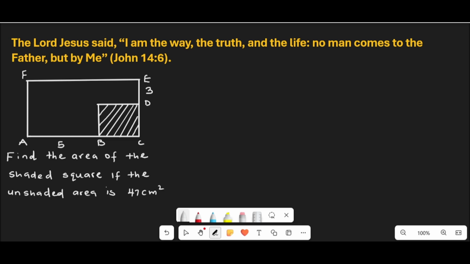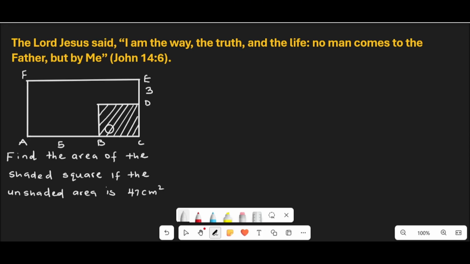Hi everyone, in this video we want to find the area of the shaded region, and it is given to us that the area of the unshaded region, which is this place, is 47 square centimeters.